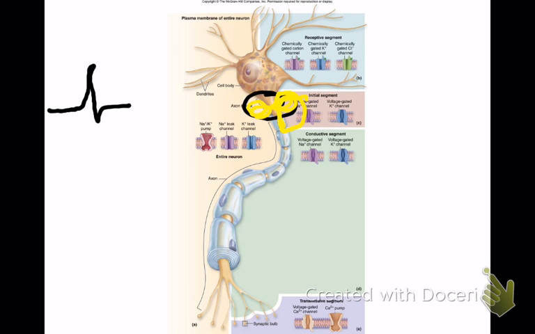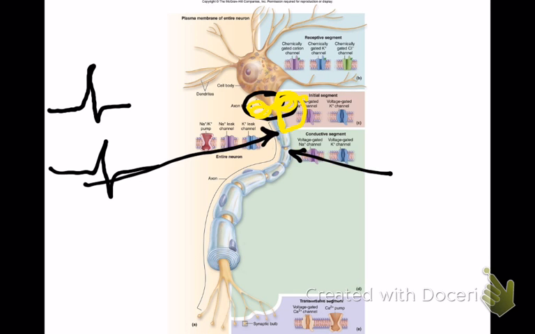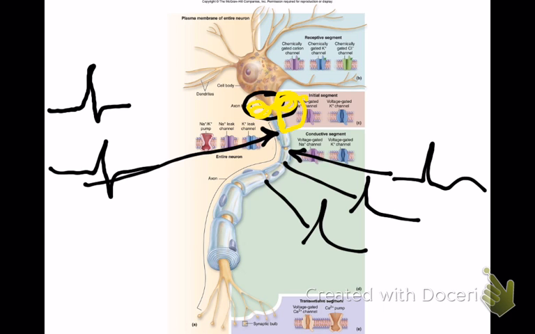So it's going to flow just to the next set of gates. When the next set of gates reaches threshold, it's going to have its own action potential. And when I get to the next set of gates, it's going to have its own action potential. So every little spot where there are gates has one action potential after another, all the way down the axon.